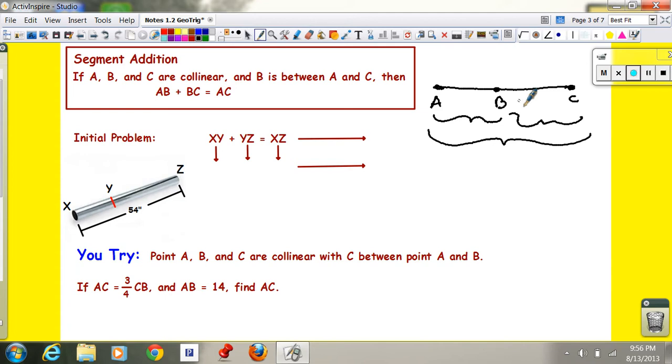This piece plus this piece is going to equal this whole piece right here. So that's what this is telling us right here. AB plus BC is going to equal the whole thing.